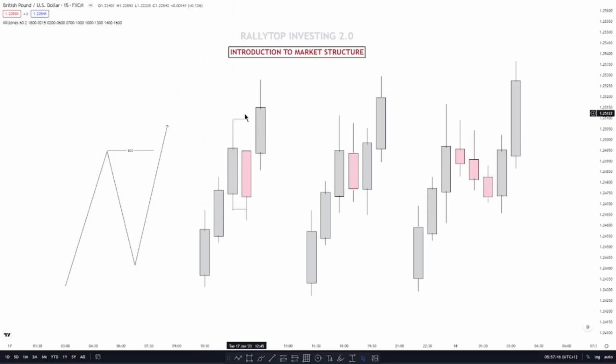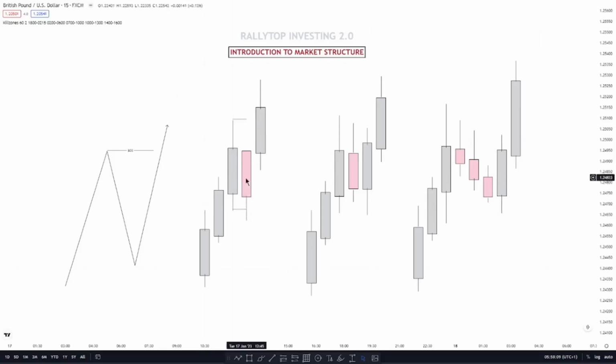This candle didn't go up to take out this high, but this candle came down to take out this same candle's low. Can you see that? And after taking it out, it closed back above this previous candle's low.